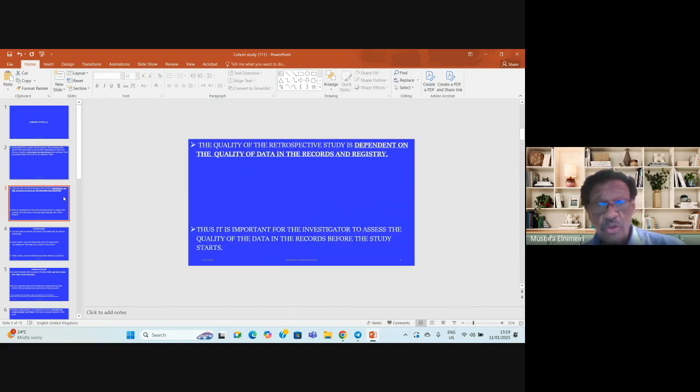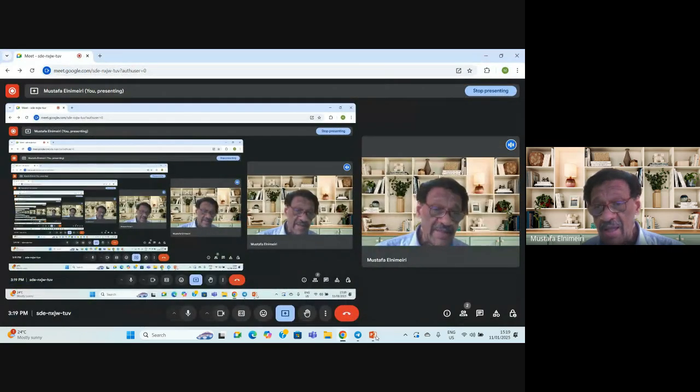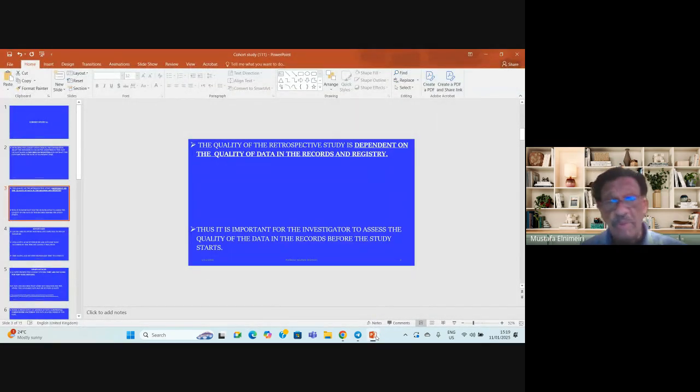Usually the quality of the retrospective cohort study design depends on the quality of the data in the records and the registry, whether the data is complete and accurate, or there are some problems with the data, as such data is collected for some other reasons.